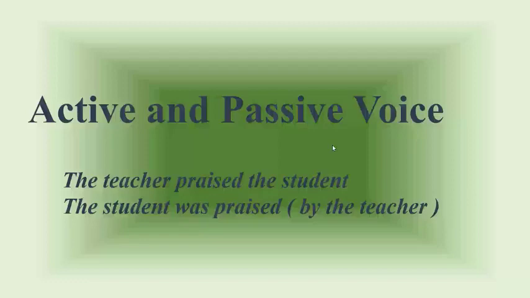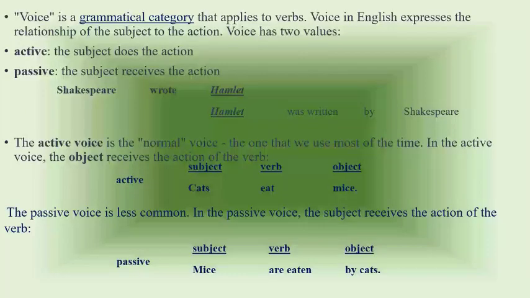Active and passive voice. The teacher praised the student. The student was praised by the teacher. Voice is a grammatical category that applies to verbs, which is the relationship of the subject to the action.